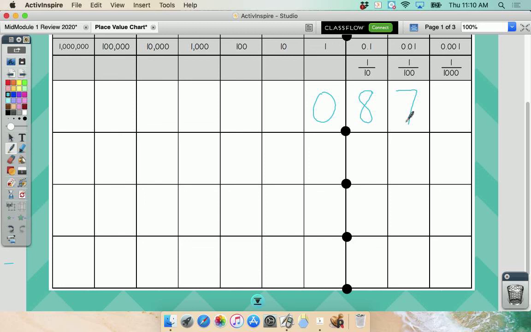And this is 847 thousandths of a meter. I also have 1.7 meters and 1.265. Okay, so those go on your place value chart. And then it says put in order from least to greatest.